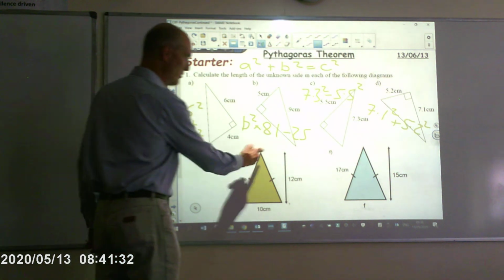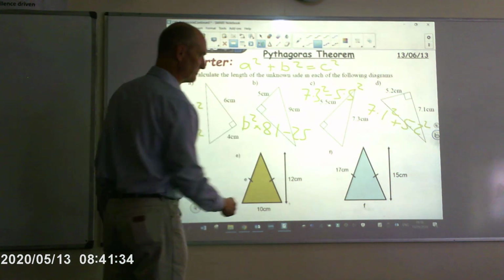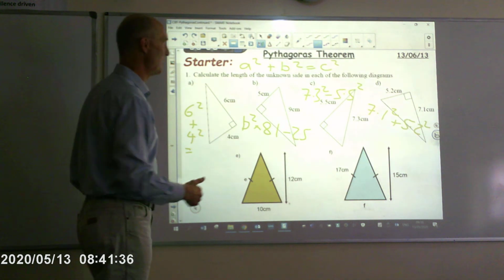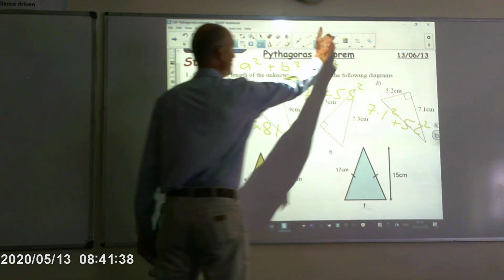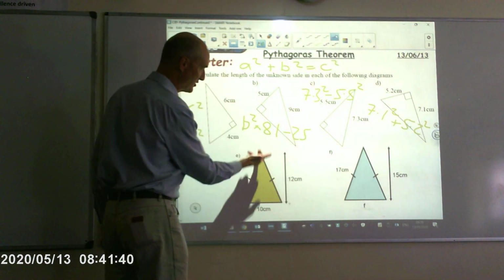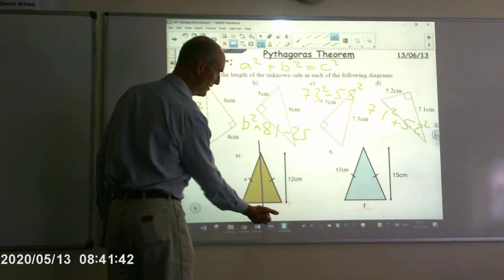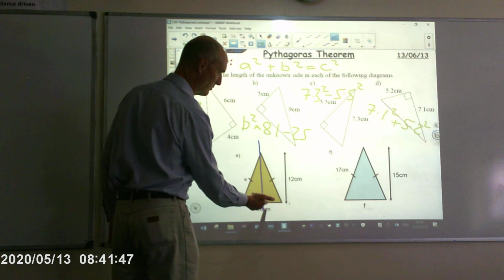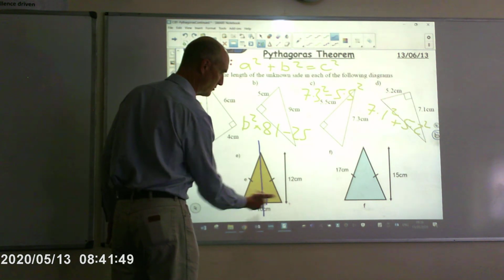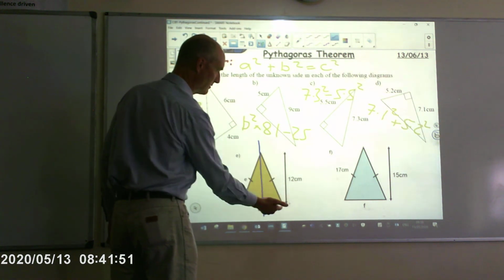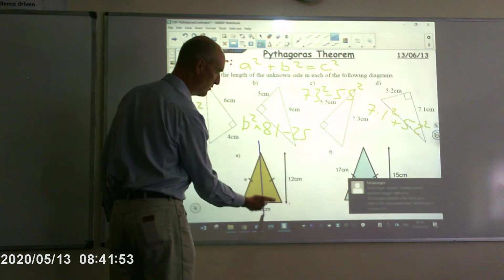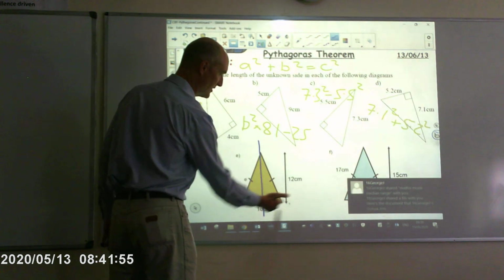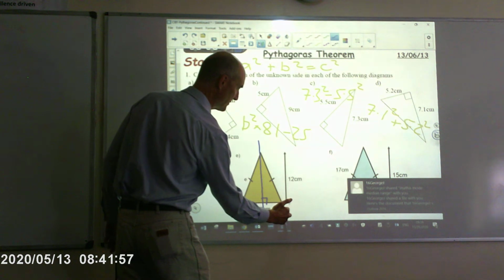For these two, they're isosceles triangles. They're not right angle triangles, but they are isosceles triangles. What we do is this, ladies and gents, we put a line down the middle there. That now means we have got a right angle triangle here. We know this side is 12. We know this side is now 5 centimetres, isn't it?